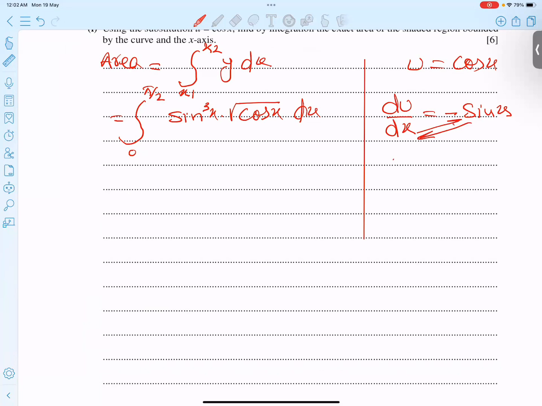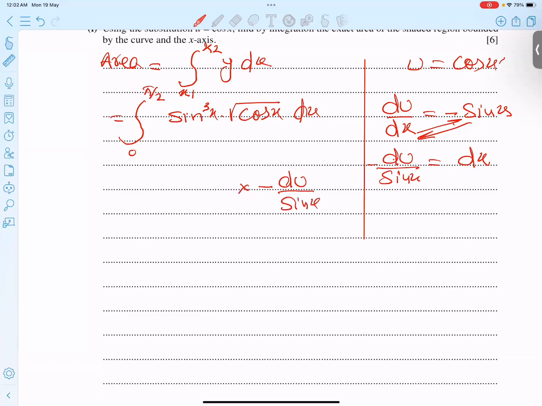So I can write here dx is equal to du over sine x. And this negative sign you can write here or on the left side, no problem. So in the place of dx, that is why I'm not writing this minus sign here. So this value I'm going to replace, which I'm going to write as negative du over sine x.